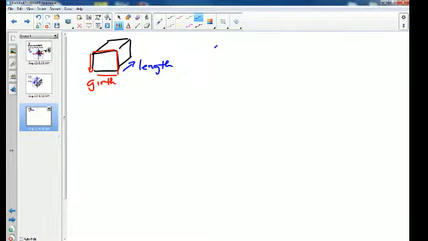So the package size is length plus girth.